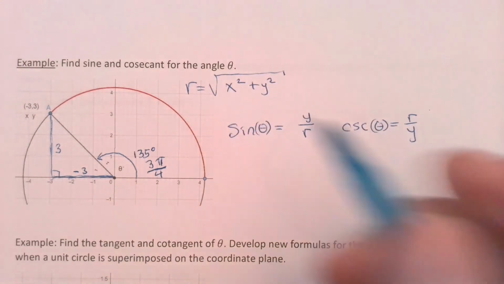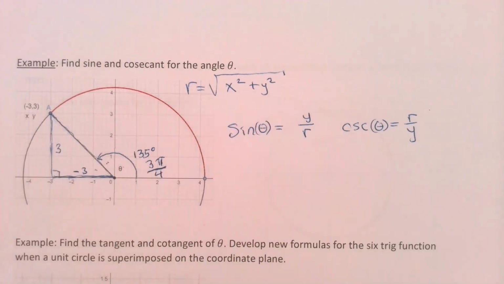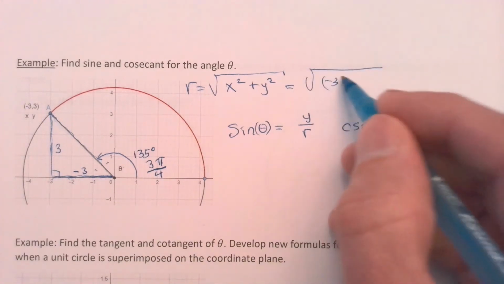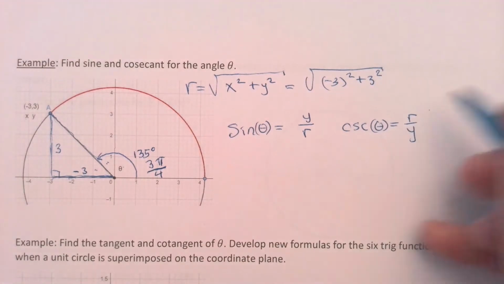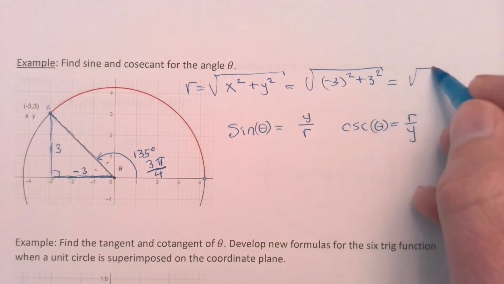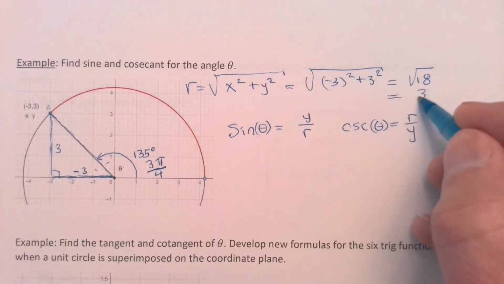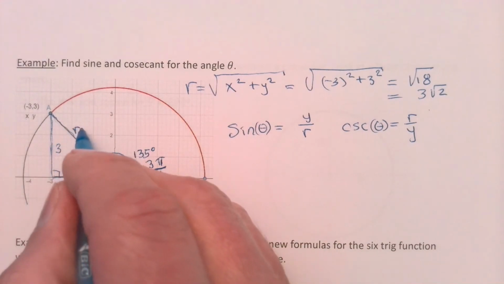R is the square root of x squared plus y squared. And what that formula calculates is how long that hypotenuse is on that triangle. And in this case, it's the square root of negative 3 squared plus 3 squared, which makes the square root of 9 plus 9 is 18. And root 18 is 3 root 2. So that's how big the radius of the circle is.